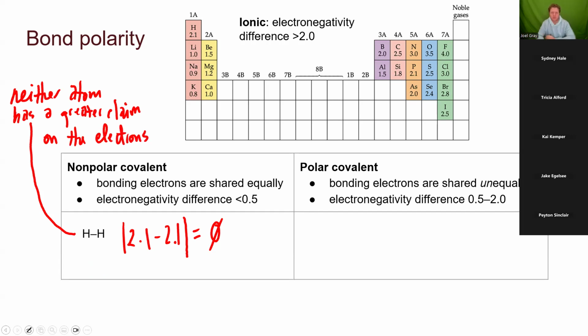Each atom can say, yeah, I've got those electrons. So they're equally being shared.